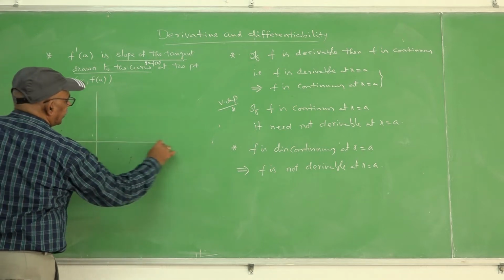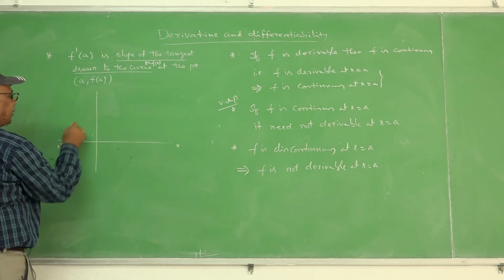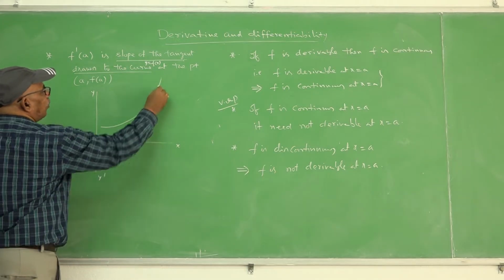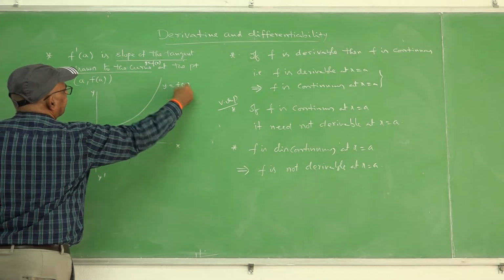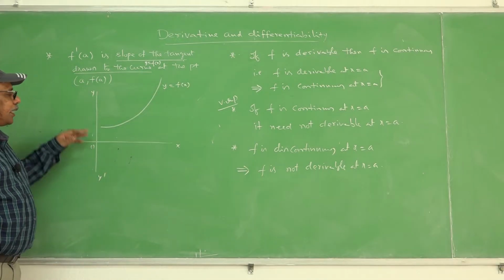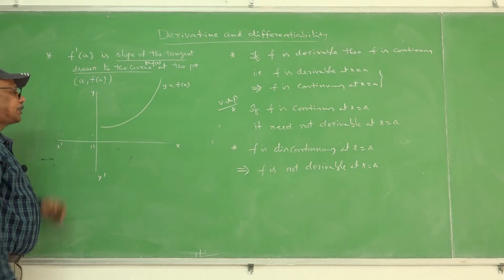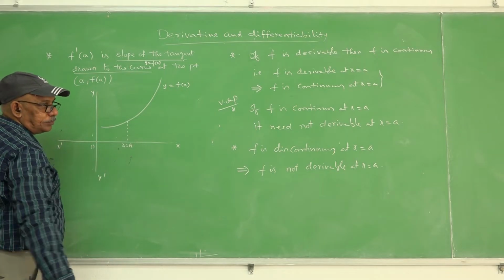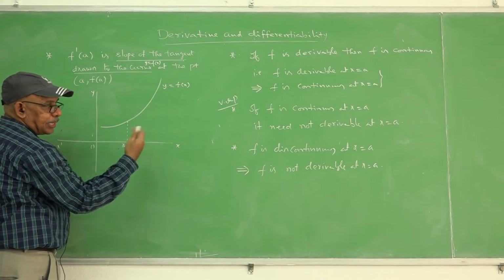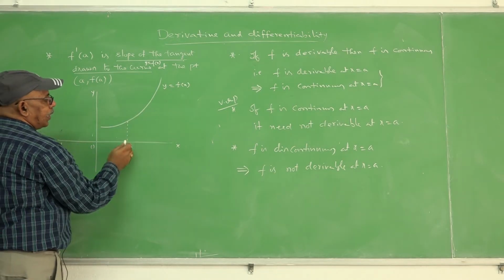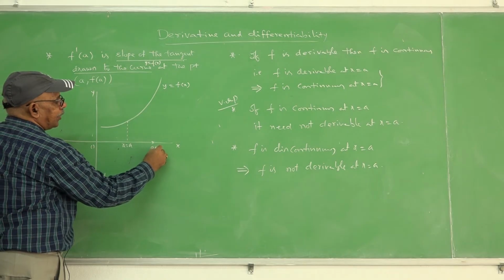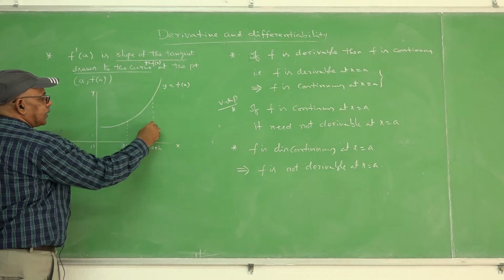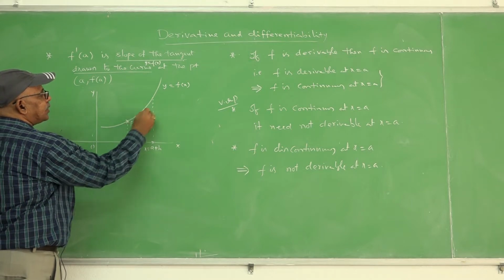Geometrically, once you draw the graph of the function y equal to f x, let us take the point x equal to a plus h, always considered as positive. A plus h is another point on the x axis. So, let us consider these 2 points. Let this be P and this be Q.